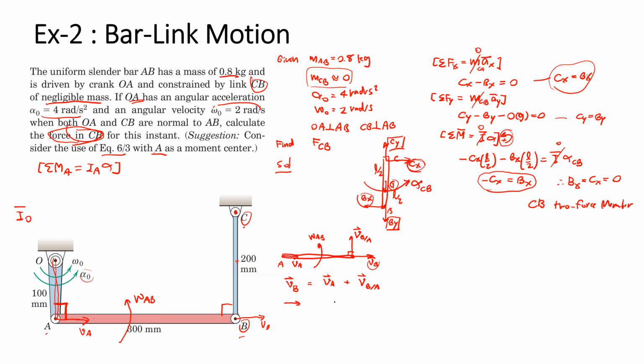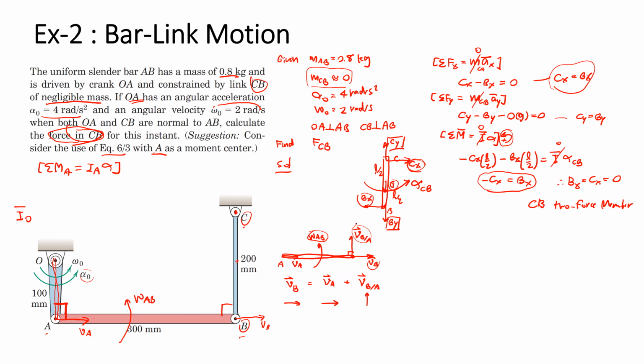VA also has the horizontal direction. If we have omega in AB, the relative velocity should create the vertical relative velocity if omega is non-zero.